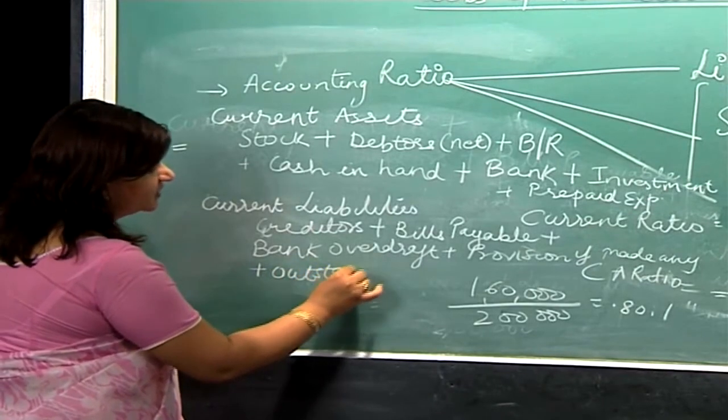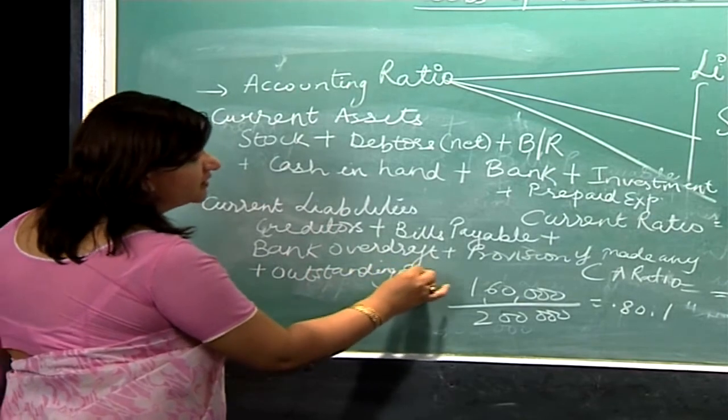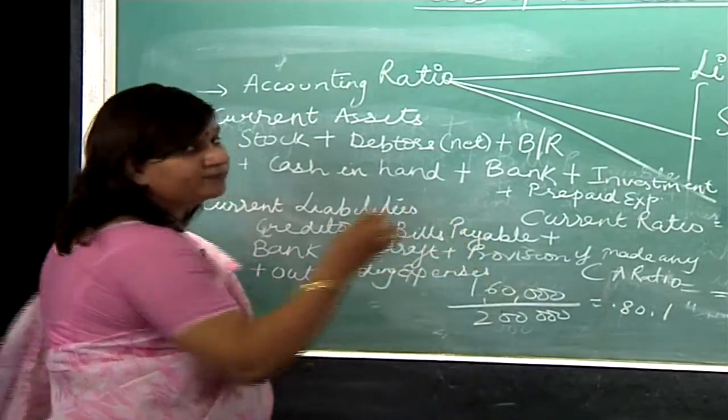Outstanding expenses are those expenses which have remained unpaid for the current financial period.